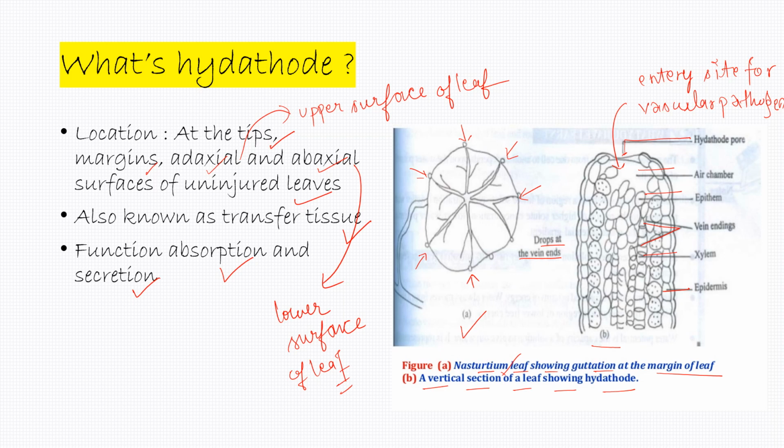Basically, adaxial is the one which has a thick cuticle, and the lower surface, which means abaxial, has a less, or we can say thin, cuticle.